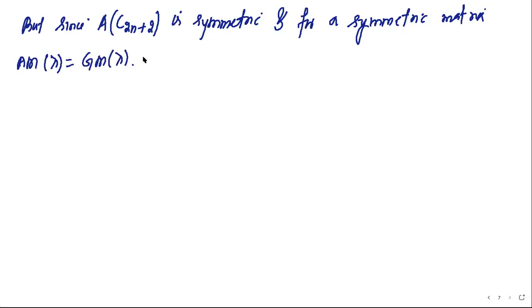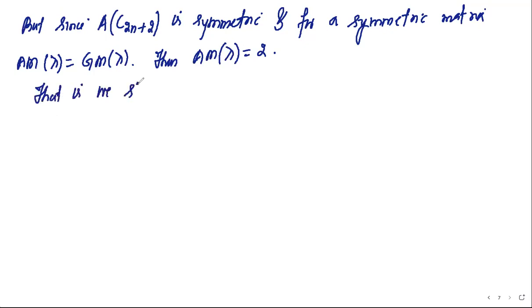Since we have shown that the geometric multiplicity of lambda is equal to 2, the arithmetic multiplicity of lambda is equal to 2. Therefore, every eigenvalue of the path matrix Pn is actually an eigenvalue of C2n+2 of multiplicity 2. So we can find the eigenvalues of the path Pn from the eigenvalues of C2n+2. And they are those eigenvalues of C2n+2 whose arithmetic multiplicity is equal to 2.